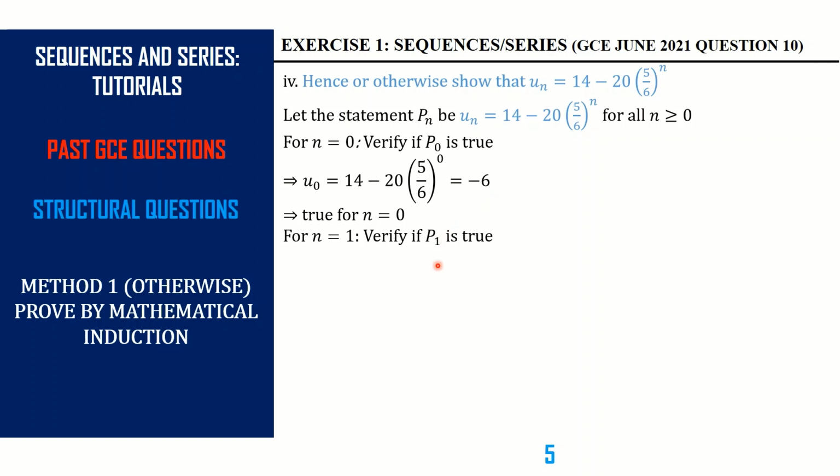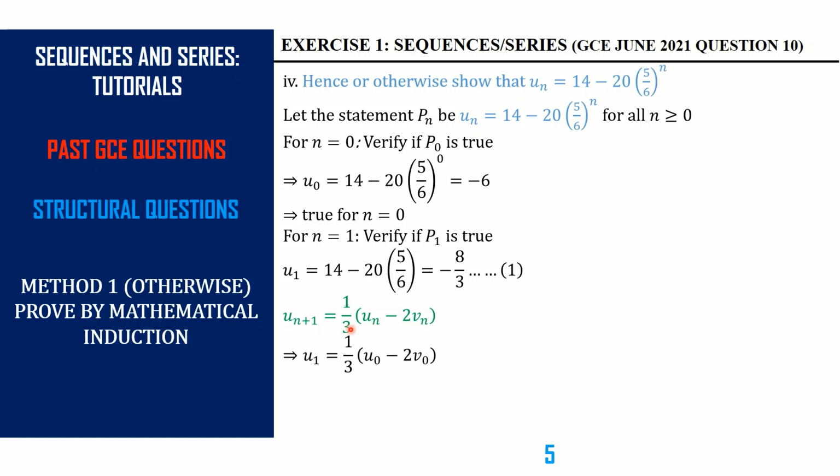So we verify if the statement P(1) is true. So u_1 according to our statement here is 14 minus 20 times (5 on 6) raised to the power 1. So simplifying, we get negative 8 divided by 3. We can call it equation 1. Now according to this definition, our u_{n+1} is equal to 1/3 into (u_n minus 2v_n).